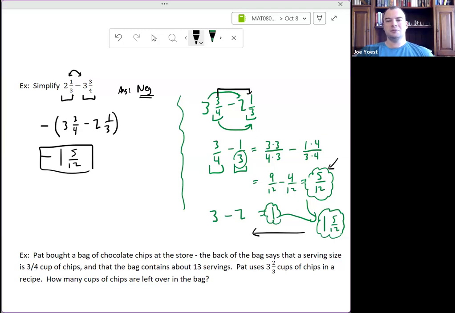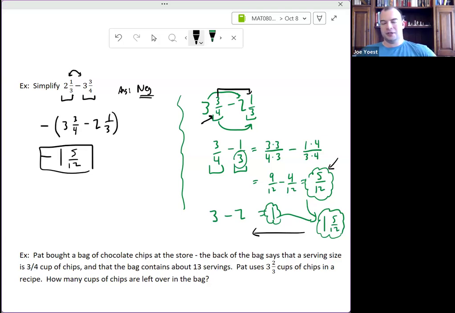I borrow one of the whole pizzas, I cut it into more slices. In this case, it'll be slices of a quarter. So I would turn one of my whole pizzas into 4 quarters, add that, and maybe get 7 quarters, and then do my subtraction. If I'm not sure whether the amount of pizza I start with is bigger than the amount that I have to give away, then I basically presume it is and start going forwards.